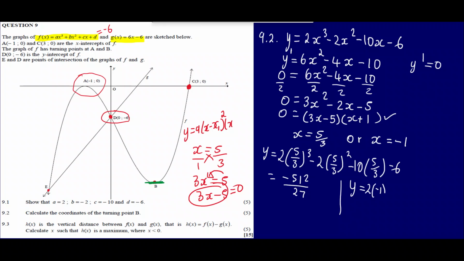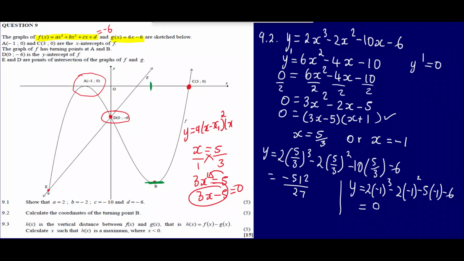We can also do the very same thing for the other one. We substitute the other x coordinate, minus 1 cubed minus 2 times minus 1 squared minus 5 times minus 1 minus 6. If we do that, we will see that our y value is going to be 0, right?